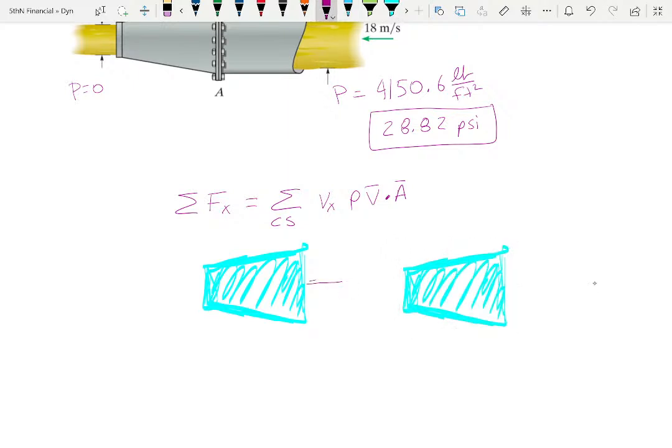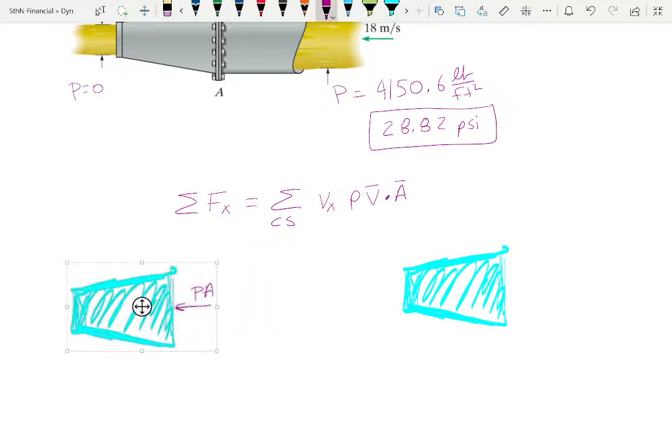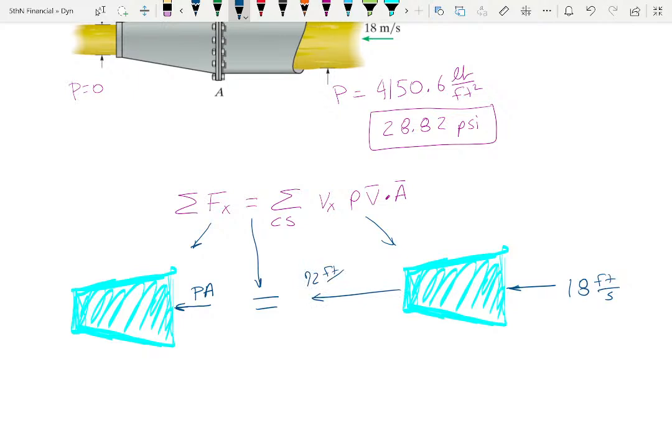I got a force here of pressure times area. So essentially, here's your equal sign, and all your forces are listed here, and all these other terms are listed there. On this, you have 18 feet per second, and then you have 72 feet per second.